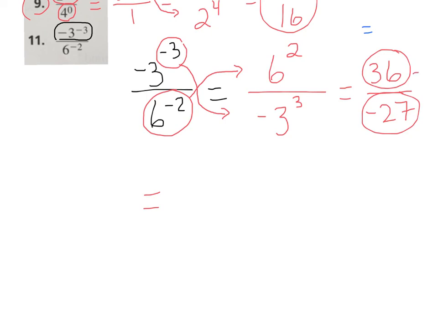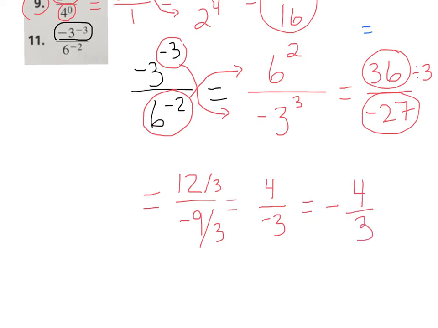So 36 divided by 3 is 12. And negative 27 divided by 3 is negative 9. But I can see that both of these can still be reduced as well. Let's divide 12 by 3 again, and we get 4. And let's divide negative 9 by 3 again, and we get negative 3. And so it reduces to negative 4 over 3. And that's the answer to number 11 right here.